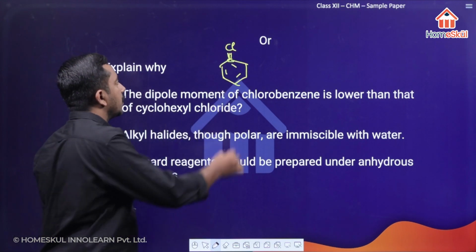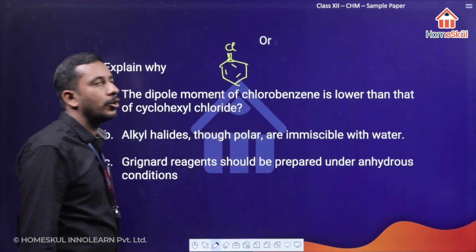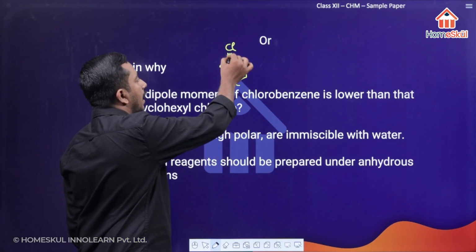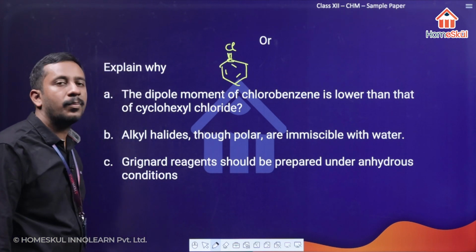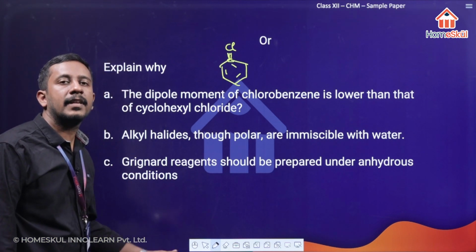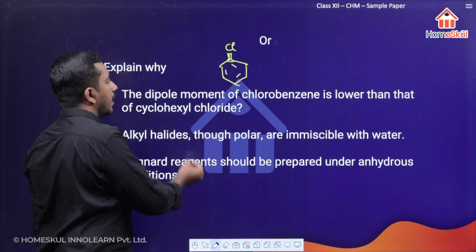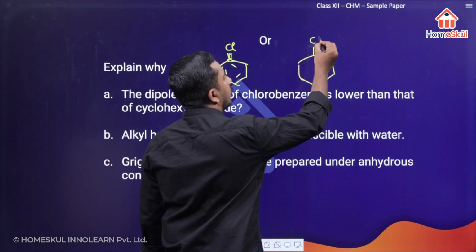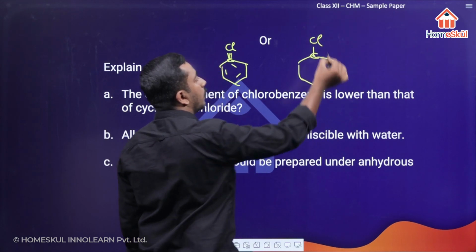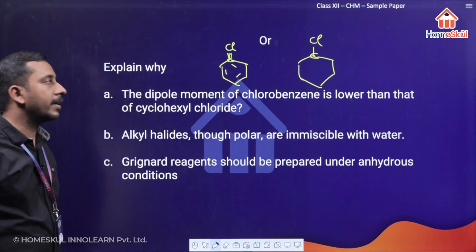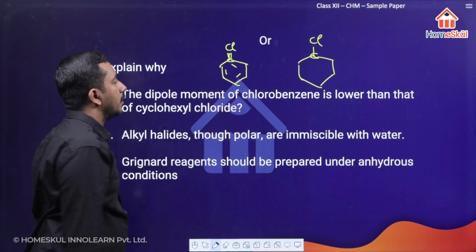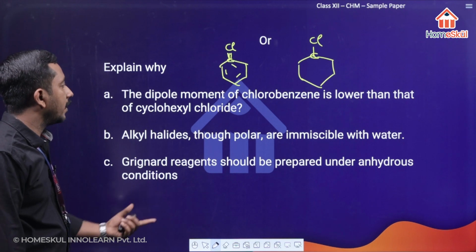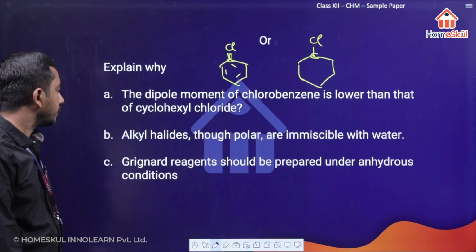Means the electrons that are present in chlorine will be donated towards the ring, and due to a series of resonance structures that is formed, the carbon halogen bond will have a partial double bond character, which means the polarity of the bond is comparatively lesser compared to that of cyclohexyl chloride, in which we only have a cyclohexane ring. That means the carbon halogen bond here is going to be more polar than the bond that is present in the case of chlorobenzene. So the dipole moment of chlorobenzene is going to be lower than that of cyclohexyl chloride.